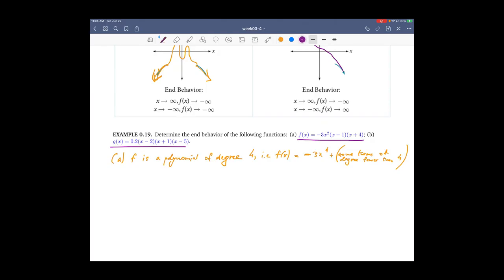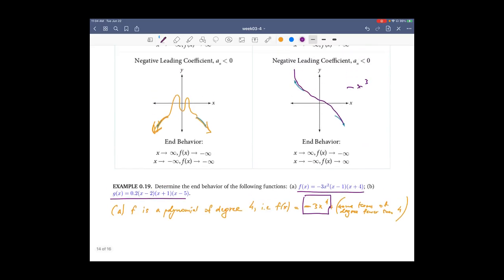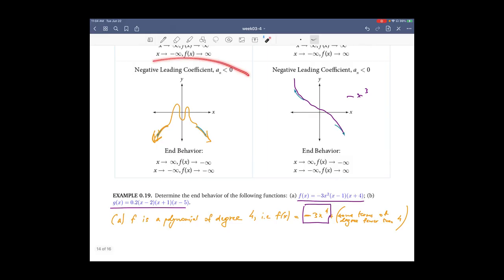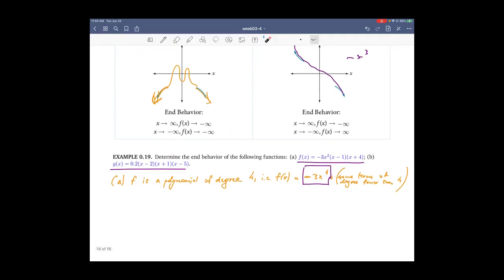The leading term is negative 3x to the power 4. So we are in a situation like this. The degree of the polynomial is even, it's 4. The leading coefficient is negative. So whether x goes to positive infinity or negative infinity, our function f at either infinity is negatively infinite.